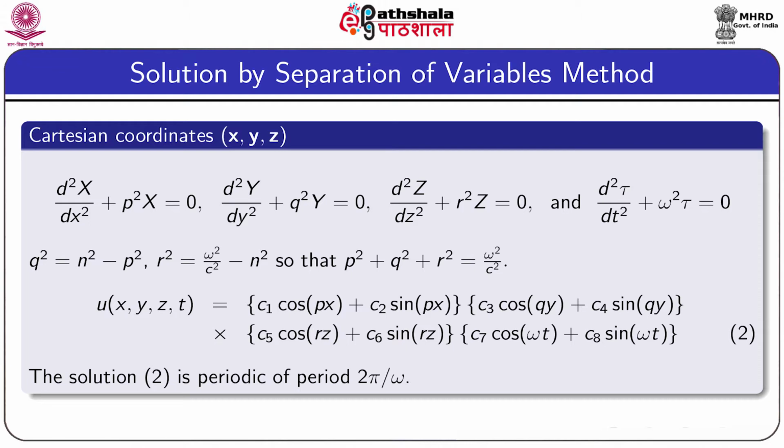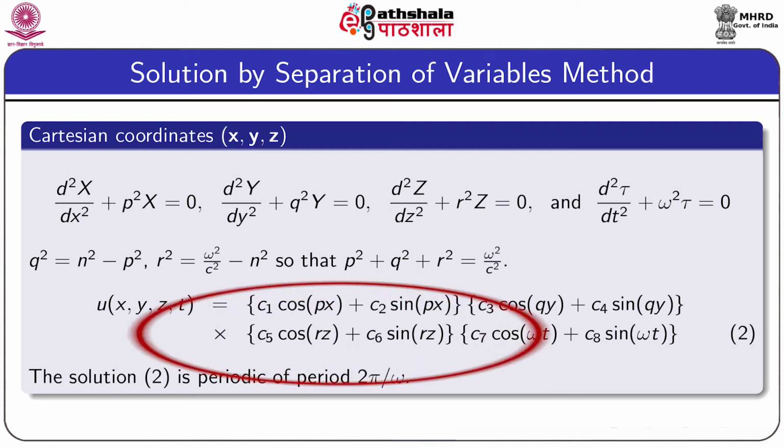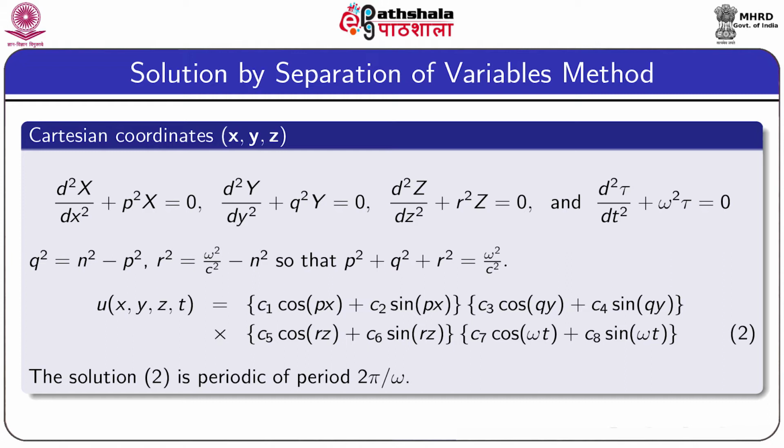So the solution for Y can be written as capital Y equals C3 cos qy plus C4 sin qy, and the solution for Z can be written as capital Z equals C5 cos rz plus C6 sin rz, and the solution for tau can be written as tau equals C7 cos omega t plus C8 sin omega t.